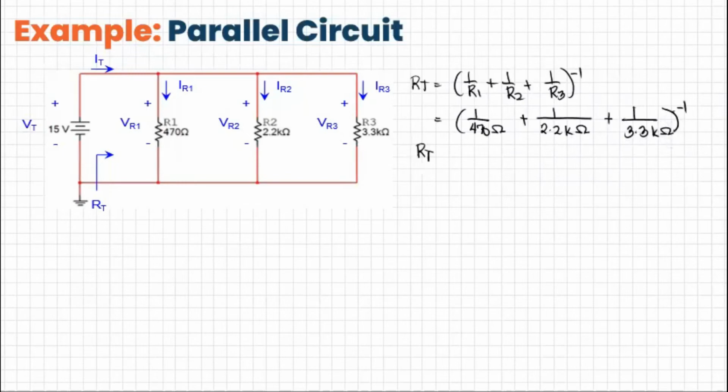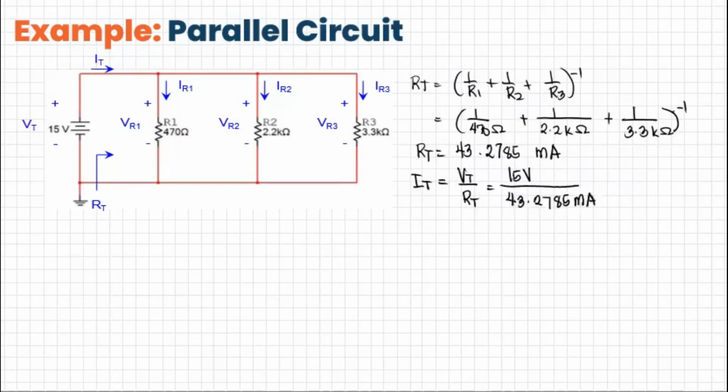RT is equal to 43.2785. IT is equal to VT over RT: 15 volts over 43.2785, where milli is times 10 raised to negative 3.